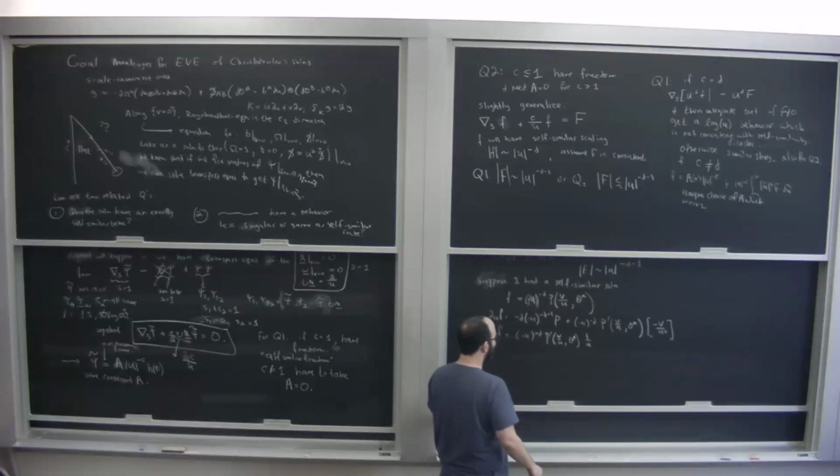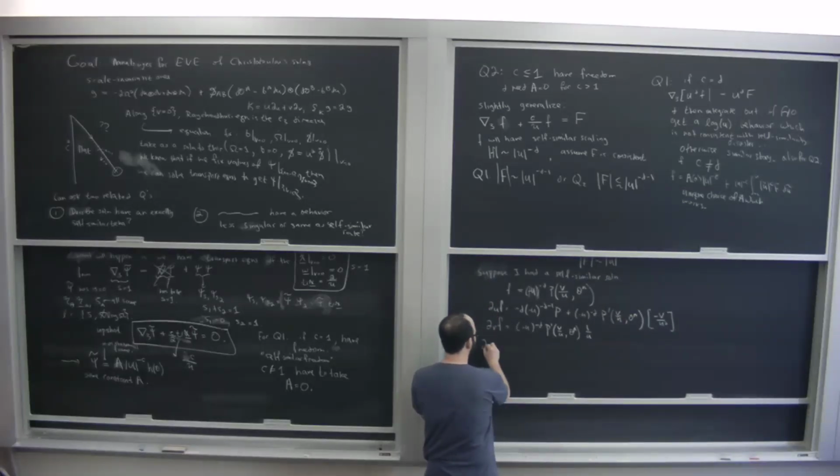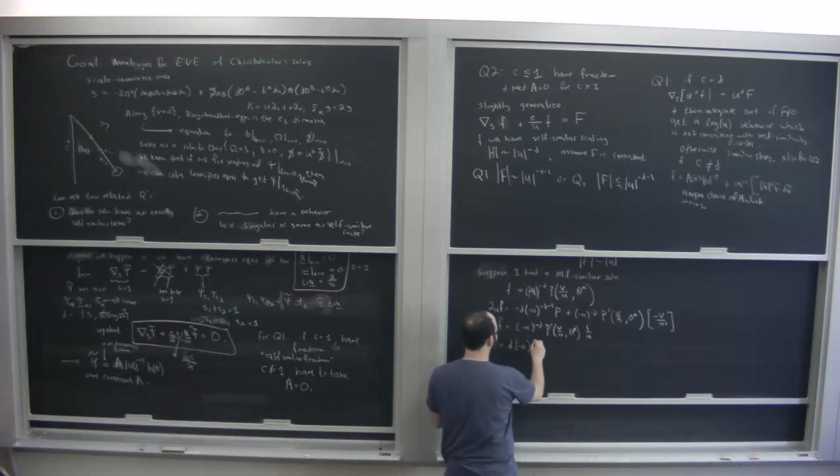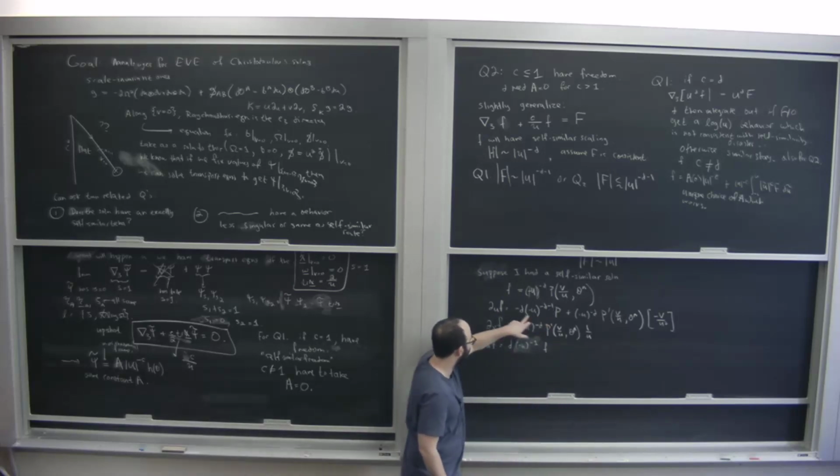And so what I get is that du of f equals, sorry, it just equals this times f, because if I take out the minus 1 and the d, then that's just what f was.